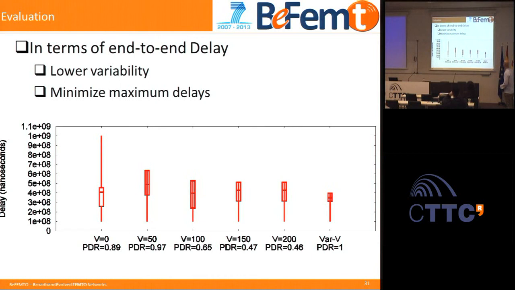But for the variable B algorithm, we experience lower variability, and we observe maximum delays. And so with this packet delay distribution, we are also able to get all the packets.